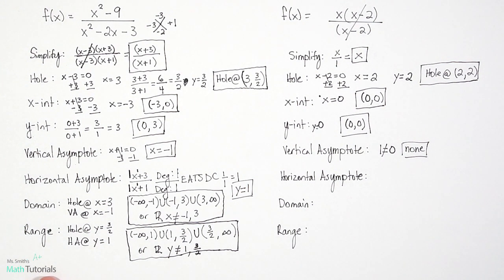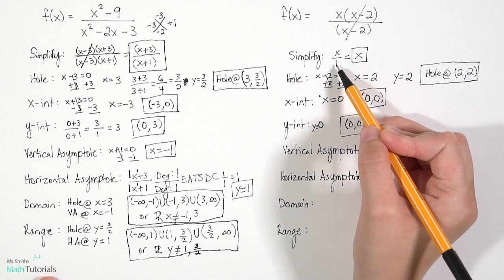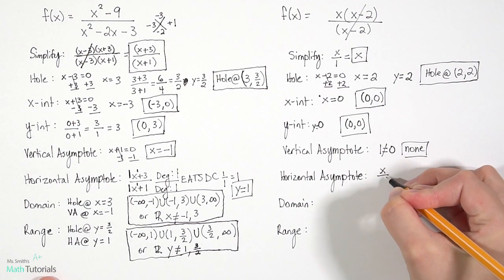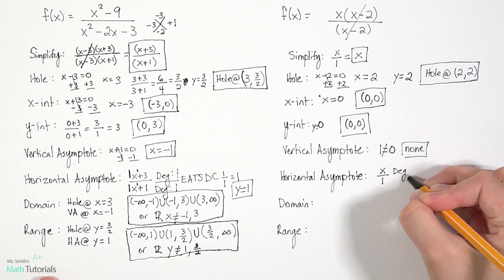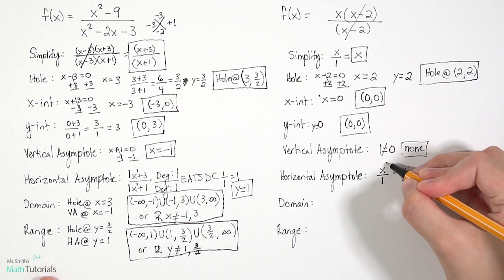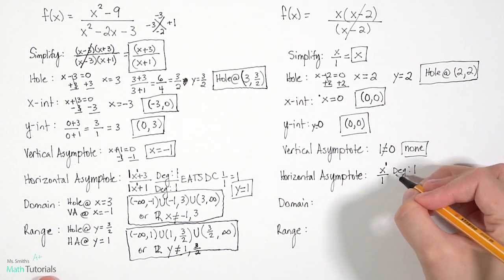To find the horizontal asymptote, remember that we compare the degree of the numerator to the degree of the denominator. So we're going to use this version because we want to have both a numerator and a denominator, right? So we'll just rewrite that as x over 1. Now the degree of the numerator: we don't see an exponent there, which means there's an understood 1. So our degree would be 1.